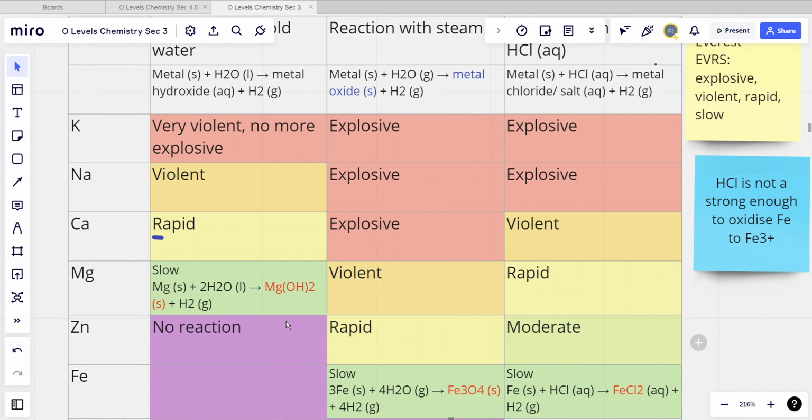So up to you. Personally, I remember in this order: cold water, steam. Last one is acid. Right. So 4, 6, and 6. First 4 metals, first 6 metals, first 6 metals. 4, 6, 6. If you want to remember that.